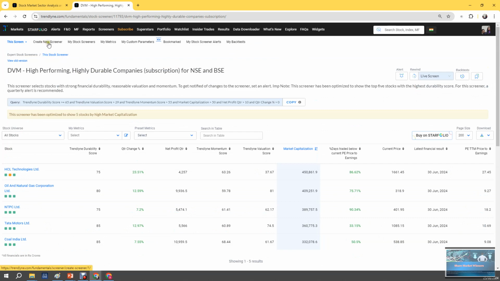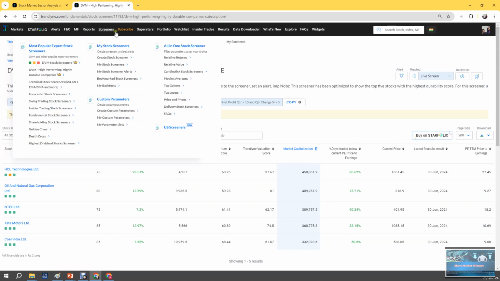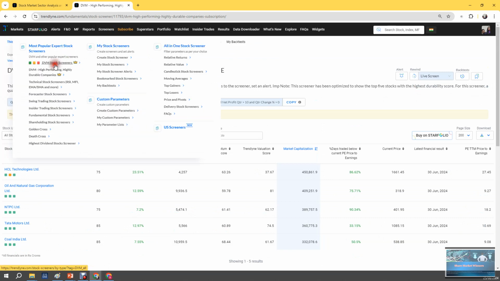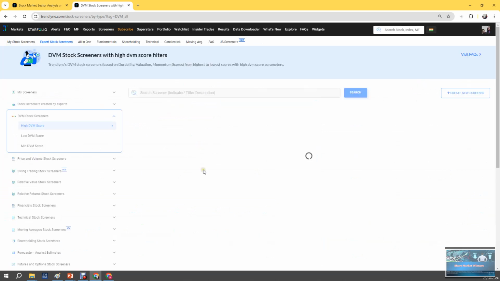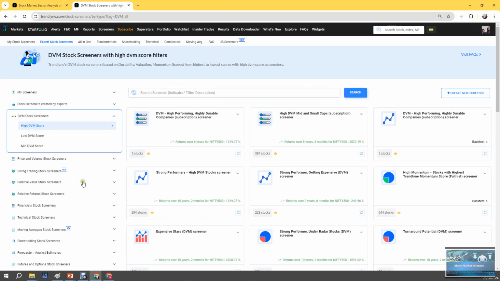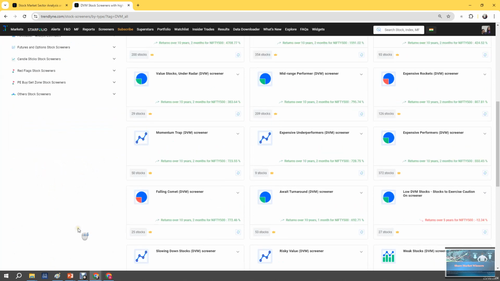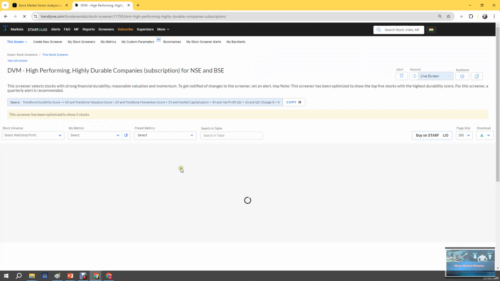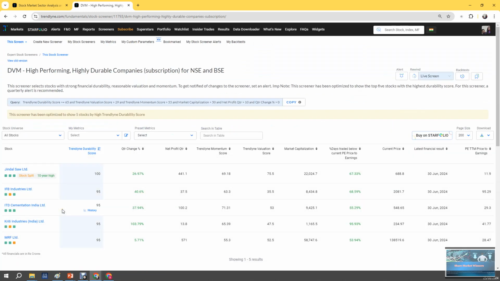You can also customize these options, but I have never done any customization because it already provides a very clean report of all the details we can consider. You can see various other price and volume stock screeners. Likewise, they have given a lot of stock movement and details underneath, which you can consider for further analysis. Okay, let's take the same one. We'll see all the 5 stocks.